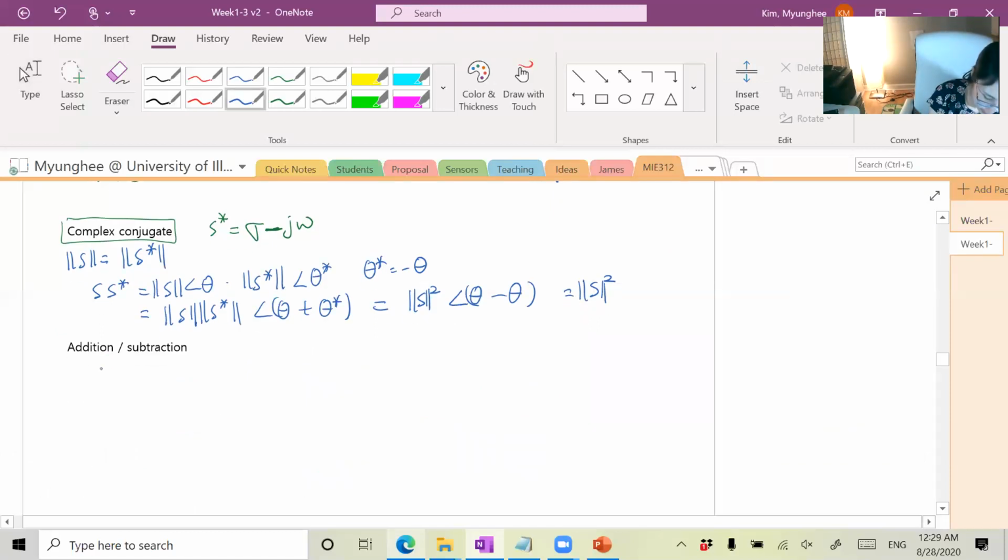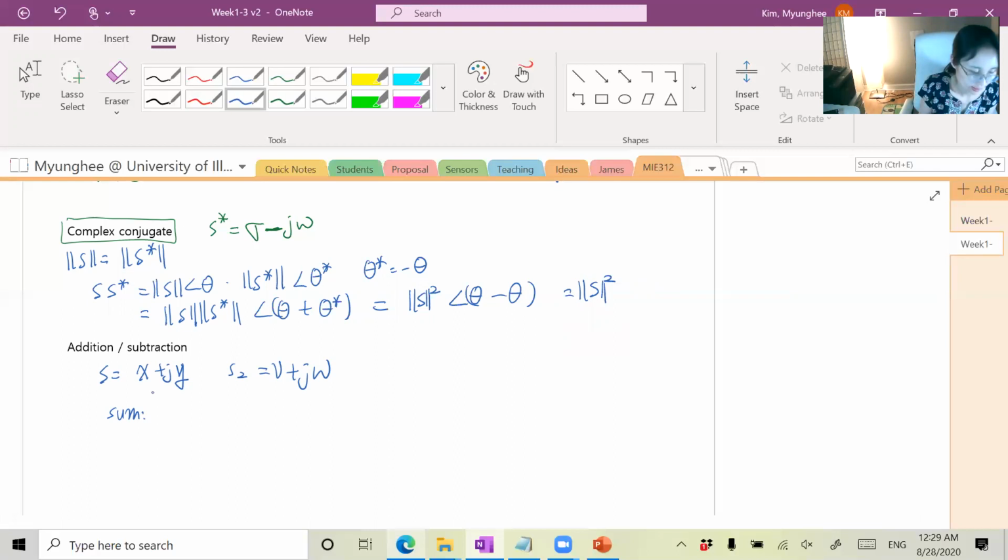Addition and subtraction are very simple. Let's say S1 equals X plus jY, and S2 equals V plus j omega. Then the sum is just the sum of only the real parts and only the imaginary parts.